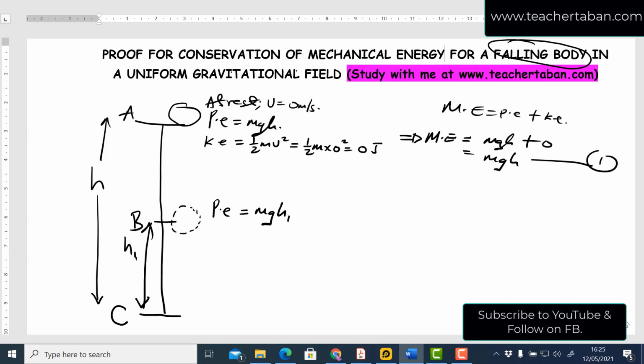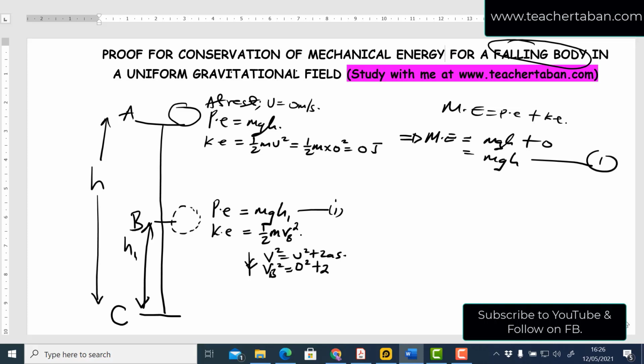So that is mgh1. And then the kinetic energy at this point is given by a half times the mass times the velocity at that point B, squared. Remember that from the third equation of motion, v squared is equal to u squared plus 2as. Since the body is falling, the velocity at point B squared will equal the velocity at A, which is our 0 squared, plus 2.